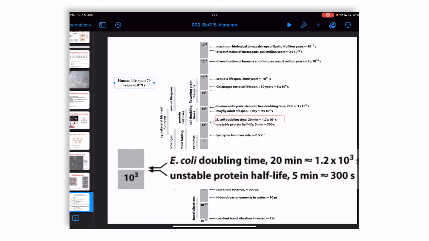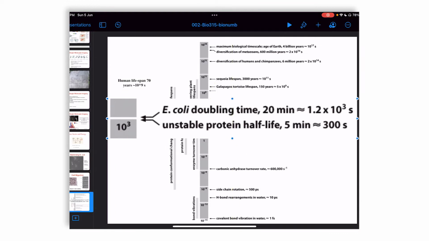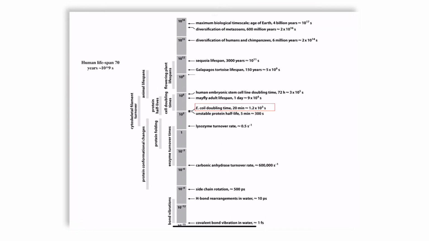Just as a reference, I have pointed out that human lifespan is, if we are healthy and live to our ripe age of 70, then 10 to the power 9 seconds.